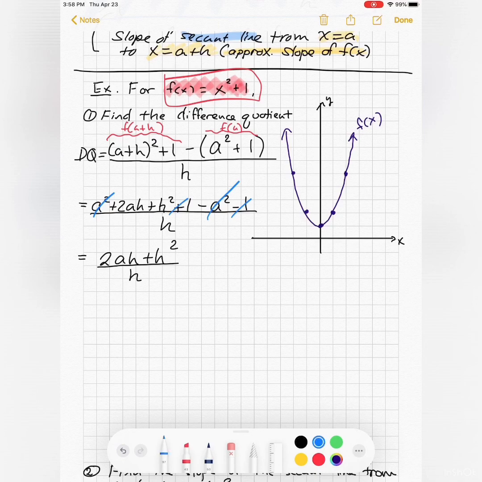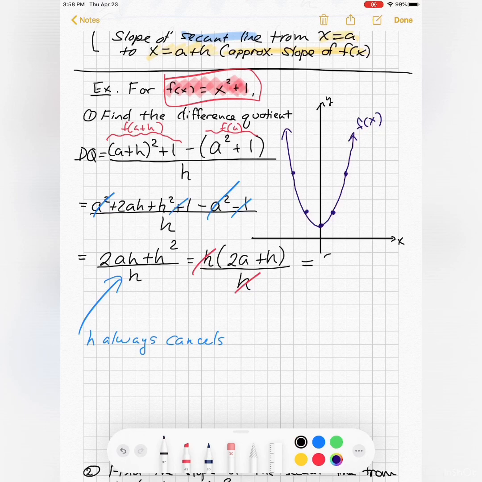Okay, now something you'll notice with these difference quotient problems is that this h in the bottom always cancels. Okay, so I know if I haven't canceled that h, I'm not done with the problem or I've made a mistake. You see how here I can actually factor h out of the numerator? So indeed, my h cancels, and so I end up with 2a plus h, and that's my difference quotient.